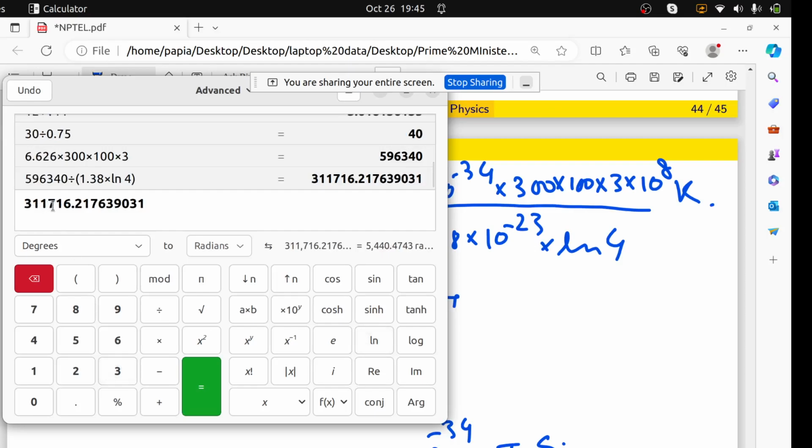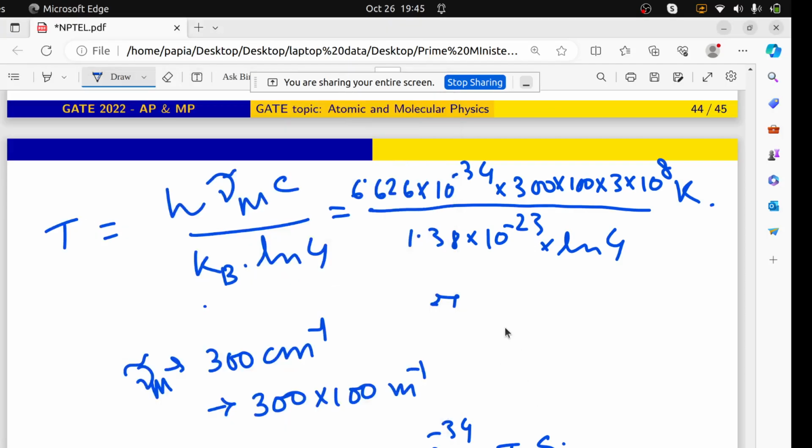Okay, so this is 311716 times 10 to the power, you can see here, minus 34 plus 8 minus 23.